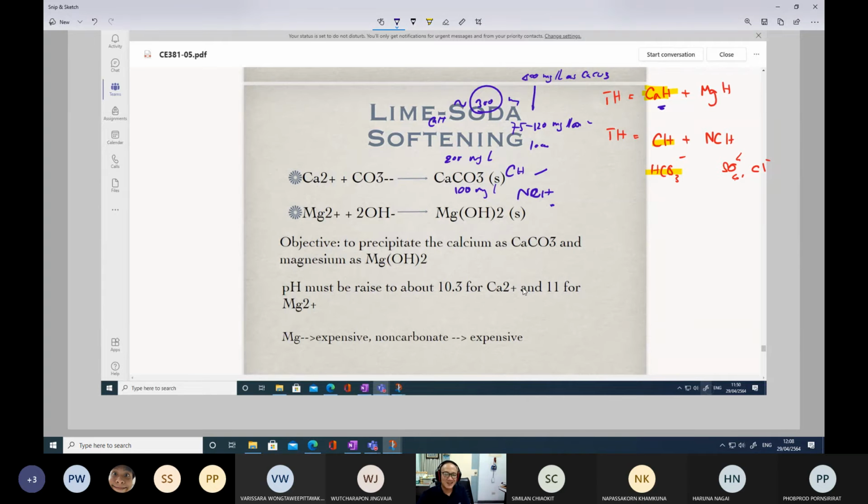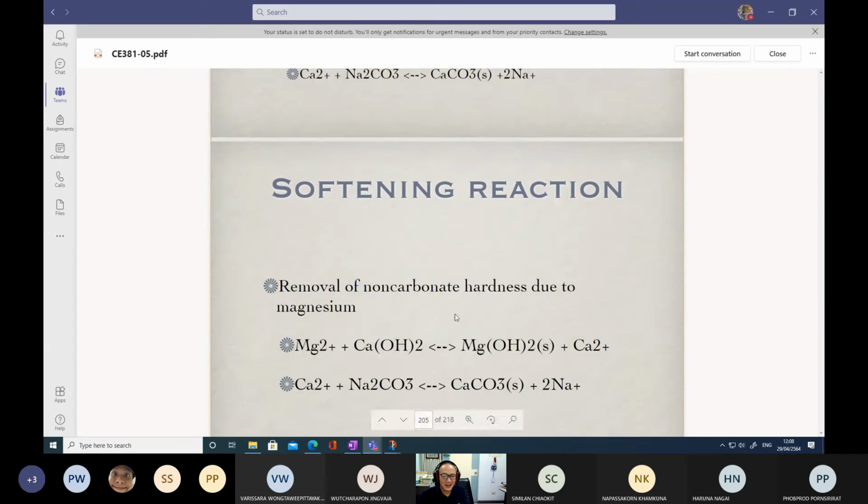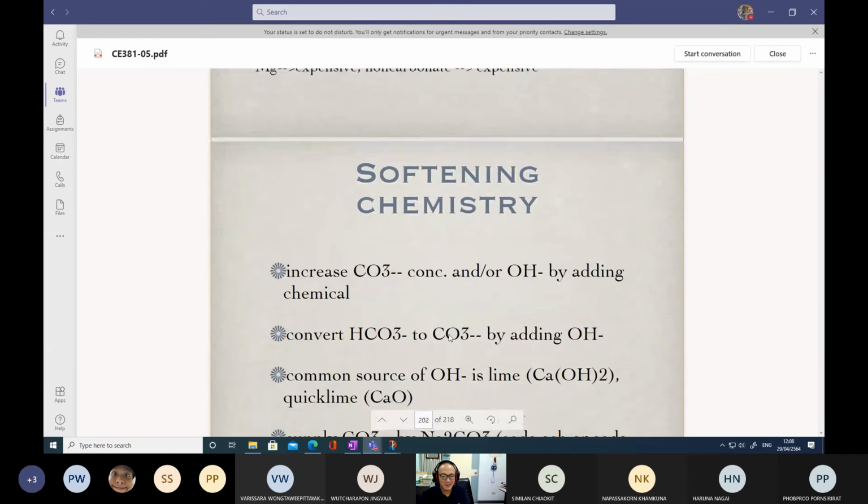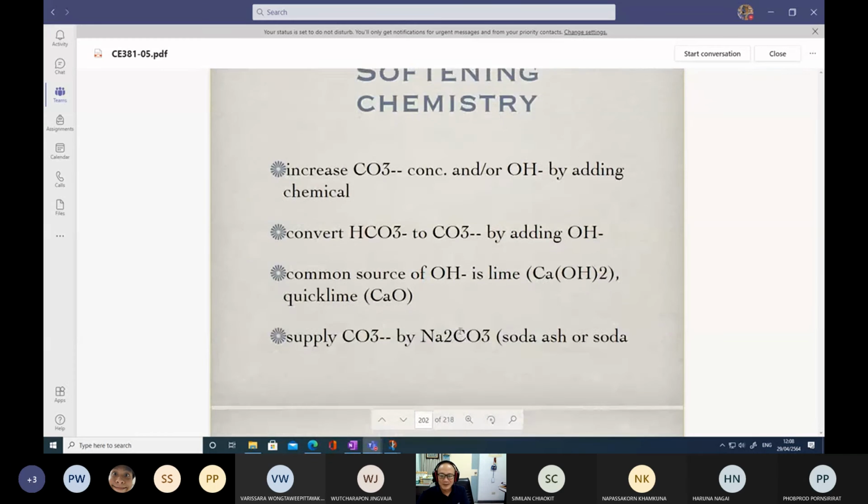If there is some hardness left and we have to remove it, we will go for the magnesium hardness, and then we will go for the non-carbonate hardness removal. Anyway, it looks complicated, but if you come back to these diagrams, it will be easy.